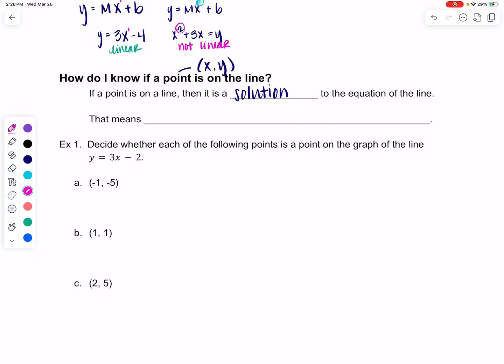When we use the word solution, here's what we mean. This means when you substitute for x and y, so when we take our ordered pair and we substitute for the x and the y, the math works.